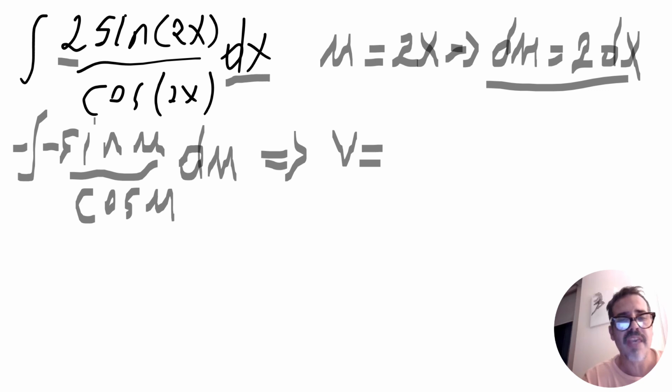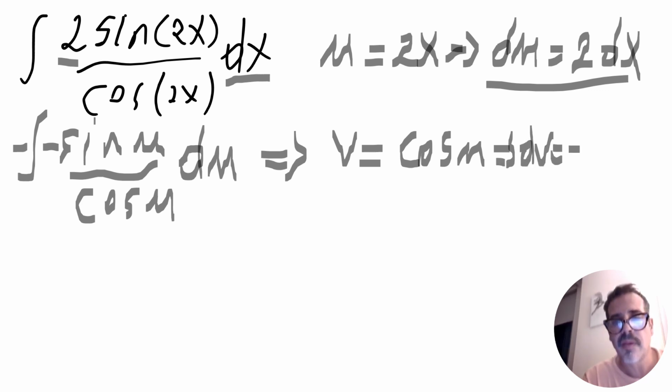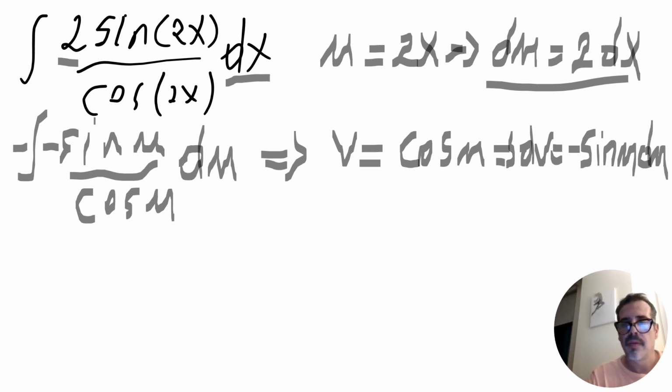So I'm going to call v cosine of u. Therefore, the derivative of v is minus sine of u du. Okay? So I can find this right here in my integral.